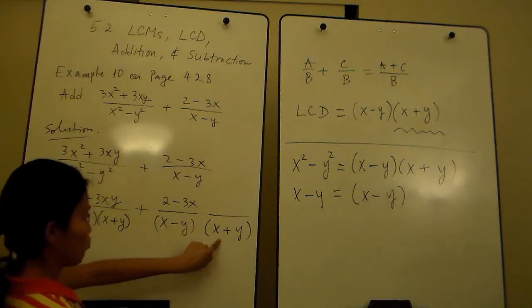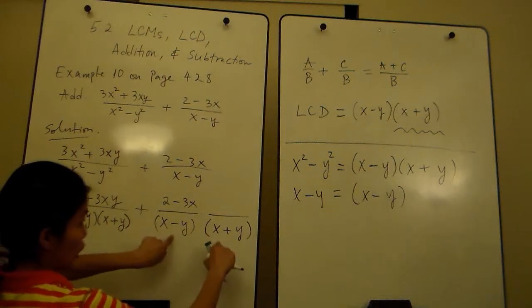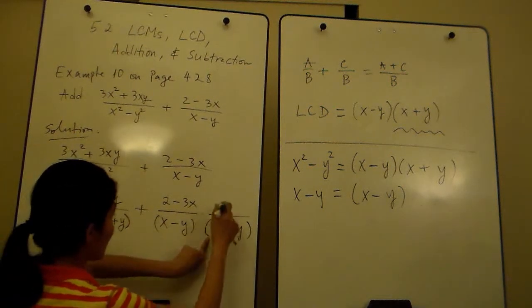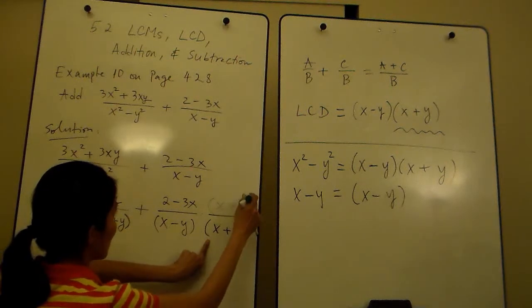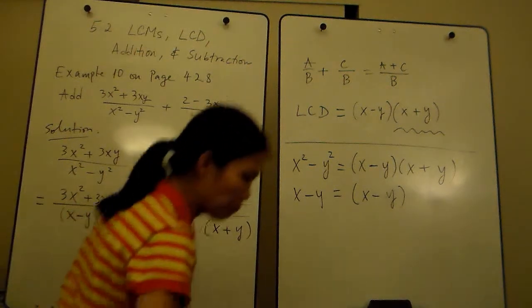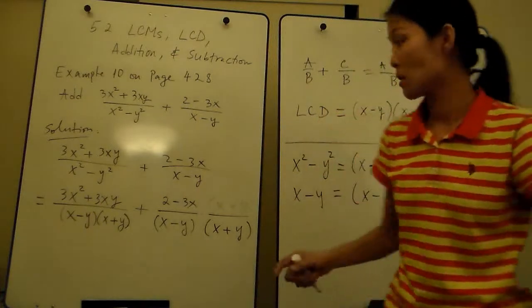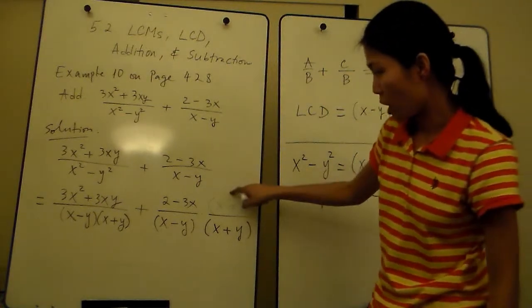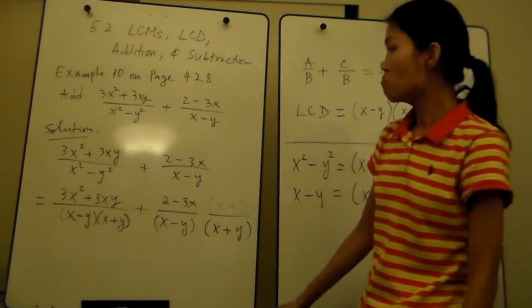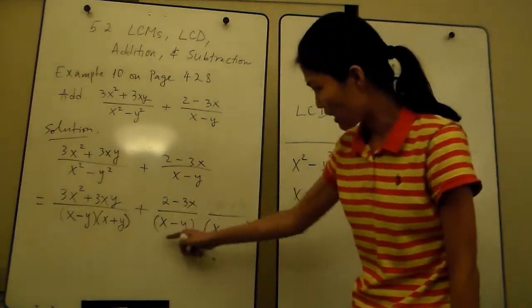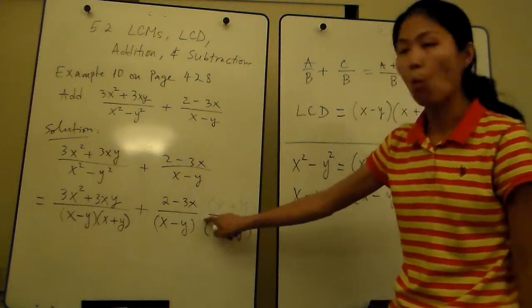Since you multiply x plus y here to get the LCD, make sure you also multiply x plus y on top as well. In doing that, as you see, x plus y divided by x plus y is 1. So that means you just multiply this second term by 1.